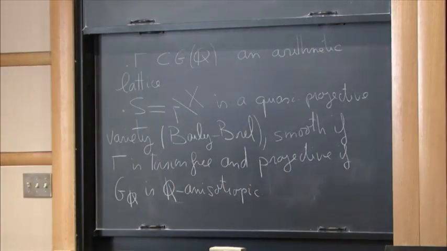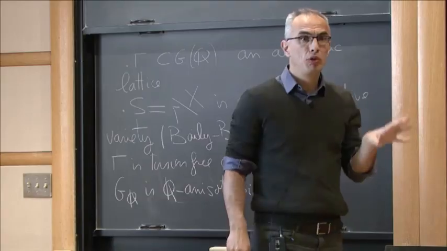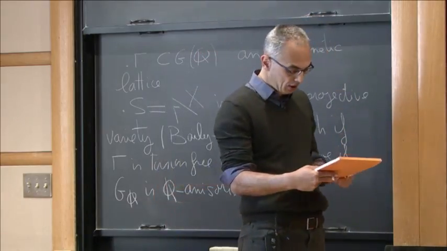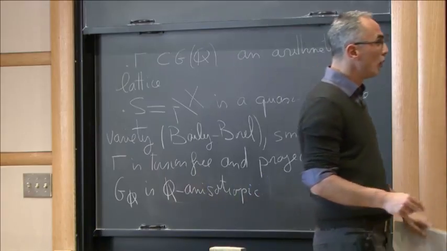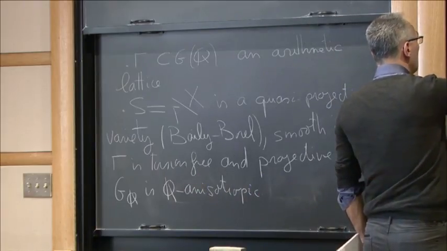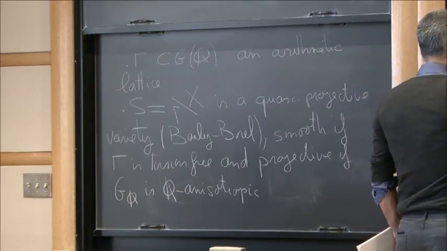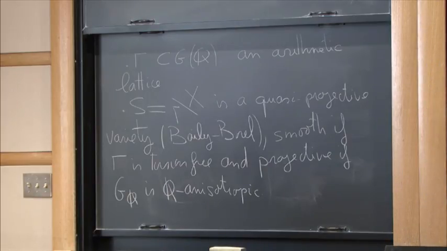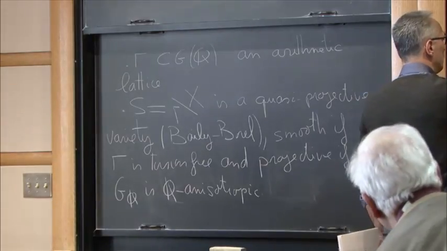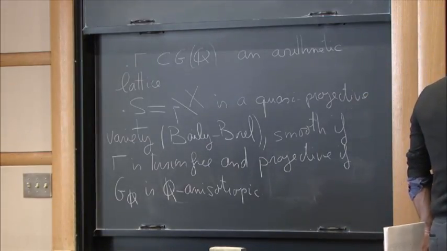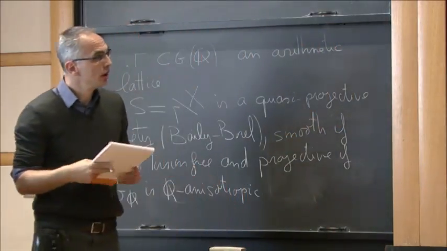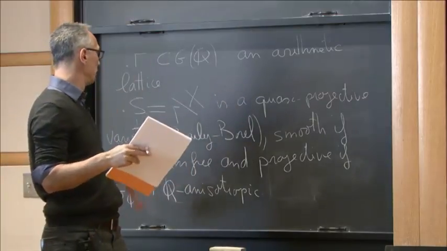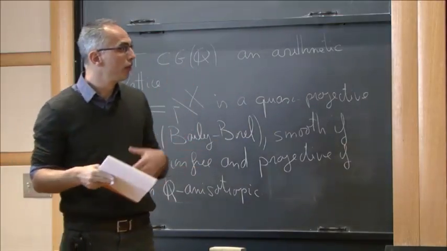To simplify the exposition, I will choose one realization of X. Let X inside C power n be the bounded realization of X. In the theory of Hermitian symmetric spaces, there are several kinds of realizations.